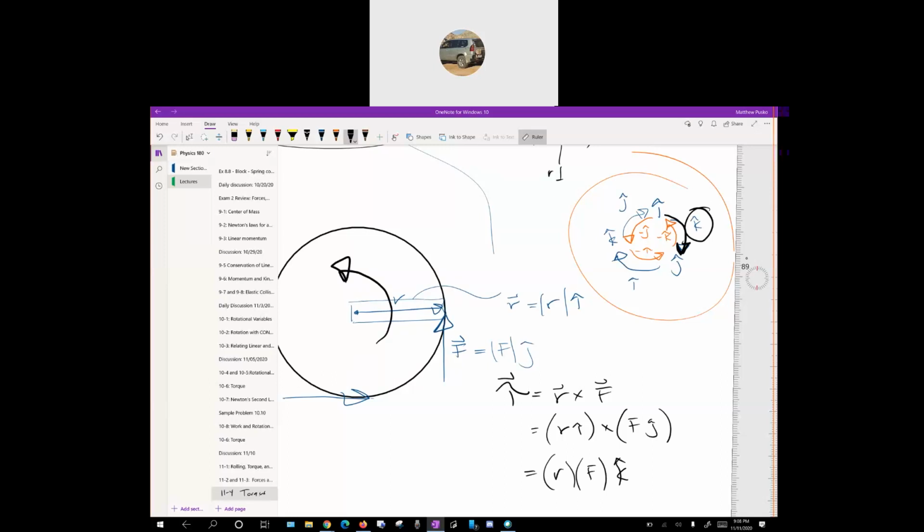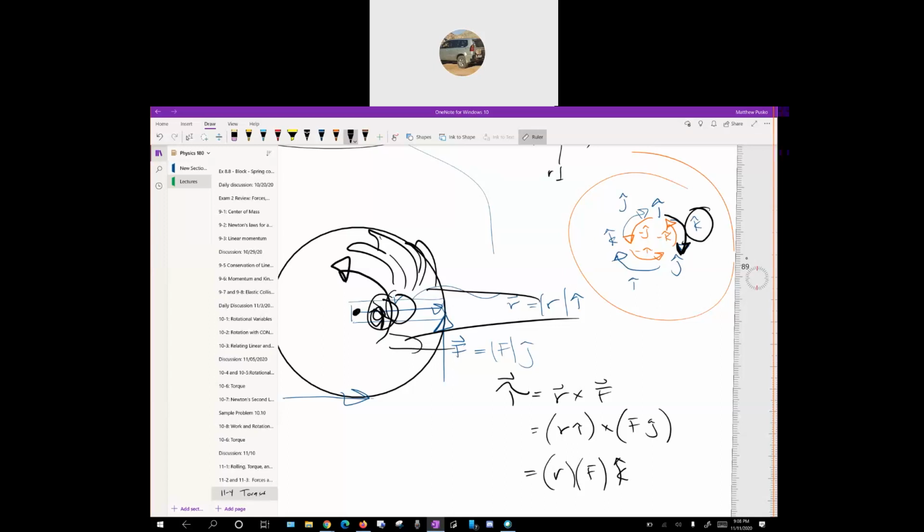Imagine your thumb sticking out of the computer screen and your fingers wrapping around this way. So your fingers are here wrapping, and your thumb is pointed up right here. If you wrap your fingers in the direction of the force about the rotation point, the direction your thumb sticks up, or the right hand rule, is going to tell you the direction of the rotation.